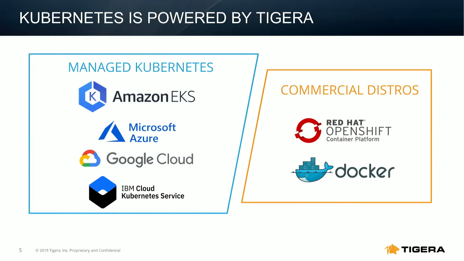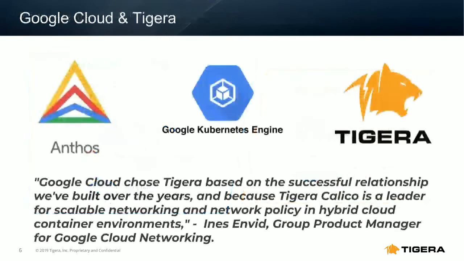And if a user is deploying a commercial distribution, either on-prem or in the cloud, Red Hat OpenShift or Docker Enterprise for Kubernetes has Tigera batteries included in the deployment. Now, today we're going to spend most of the time talking about how you can leverage Tigera products on Google Cloud, specifically their GKE offering.